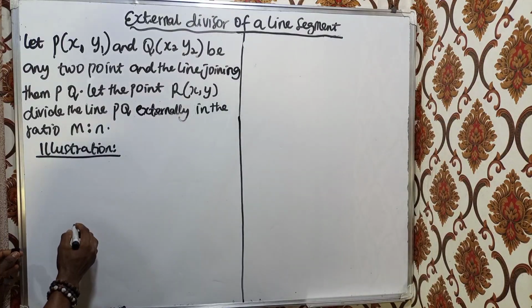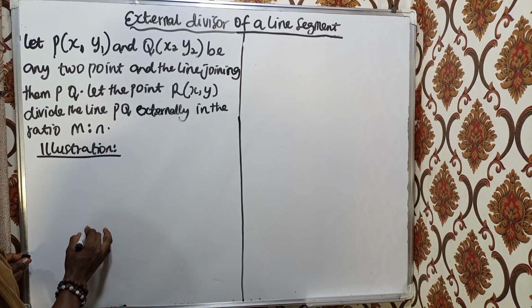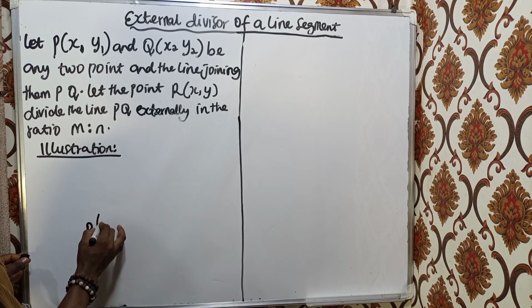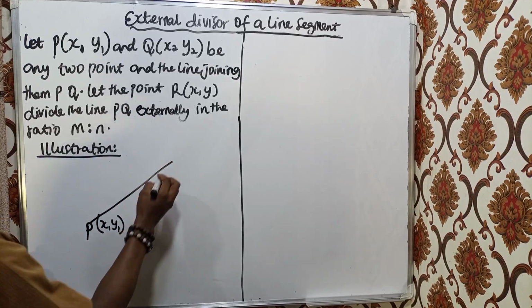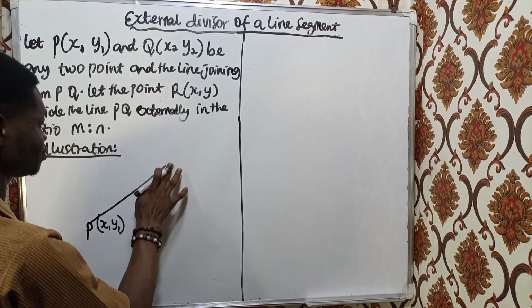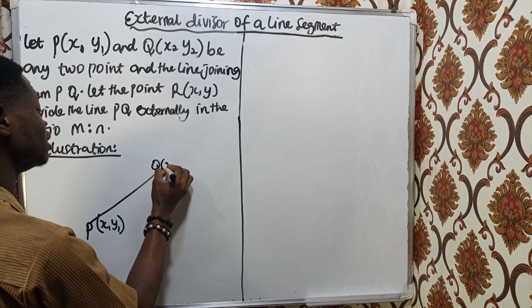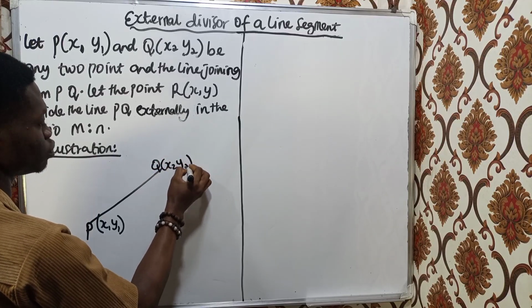So let's illustrate this. For example, we have a point P with coordinates x1, y1. This is a straight line like this, and we have Q with coordinates x2, y2.